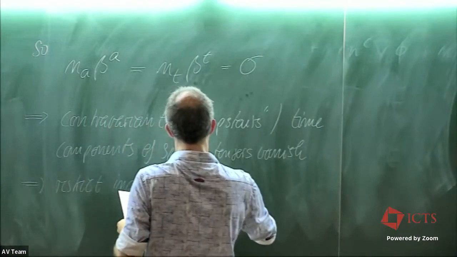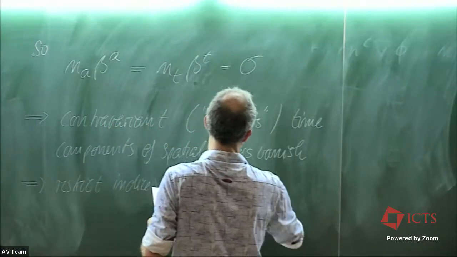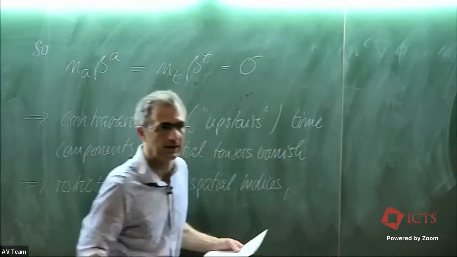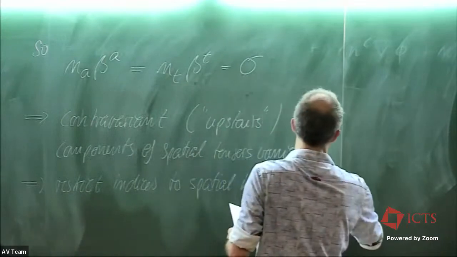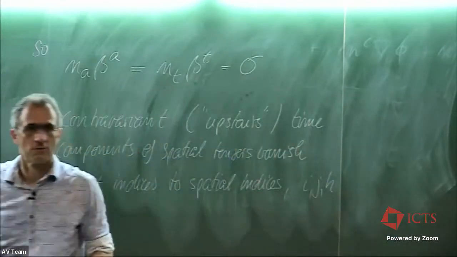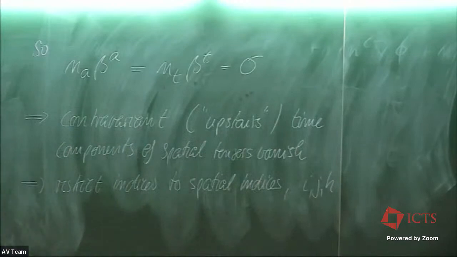Now, different people use different notation for that. In mine, basically what I do is I use indices I, J, K, and so forth for spatial indices rather than A, B, C, D or so. Okay? So let's do an example. Let's actually write down the metric.